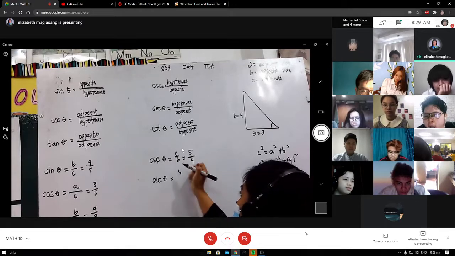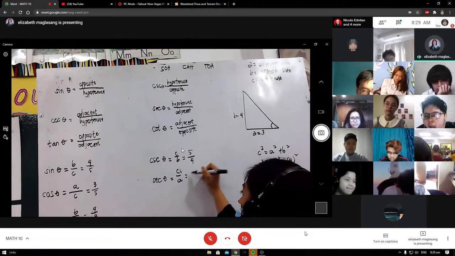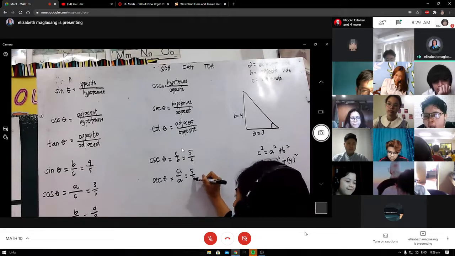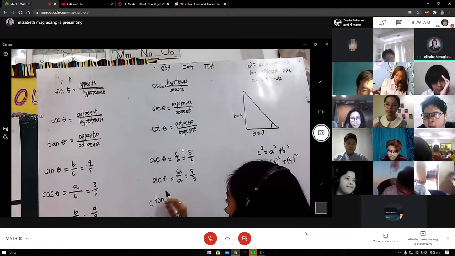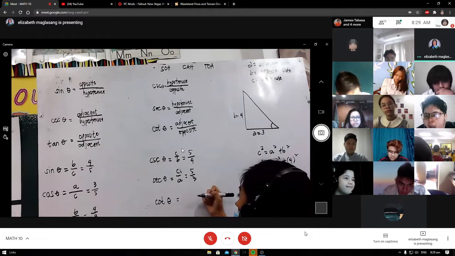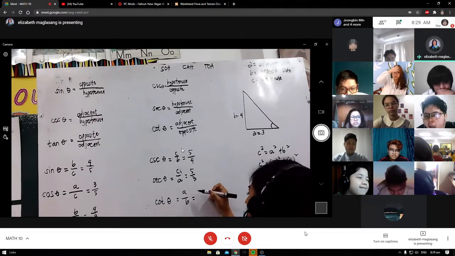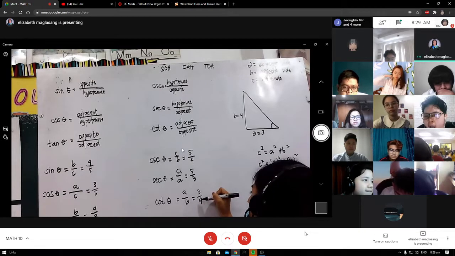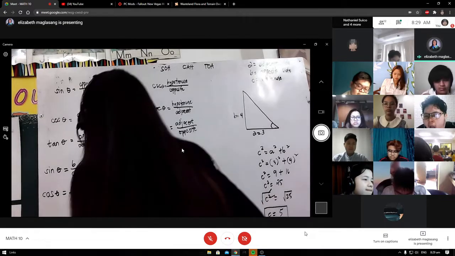C over A equals 5 over 3. What about cotangent? That is A over B, or 3 over 4. So these are the 6 trigonometric ratios, class.